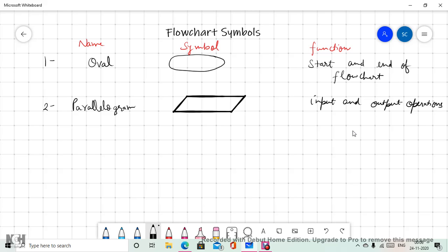Our next symbol which is used in flowchart is rectangle. Okay, rectangle is like this, and it is used for the processing part.